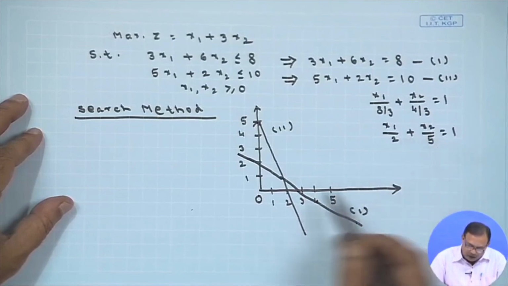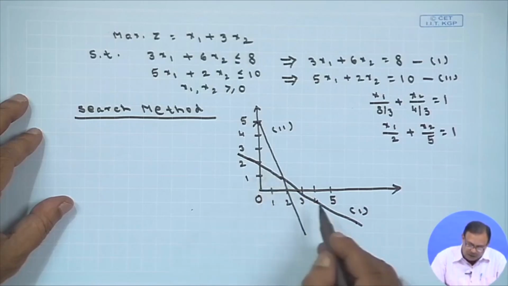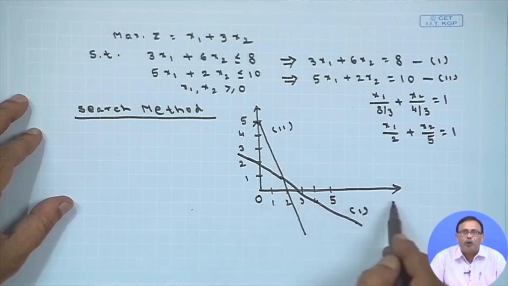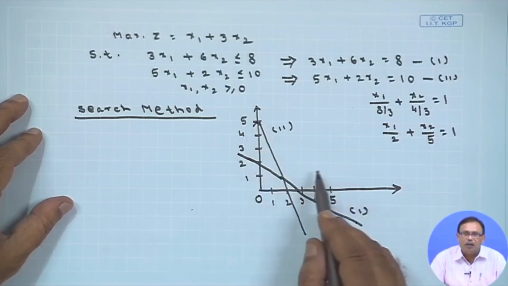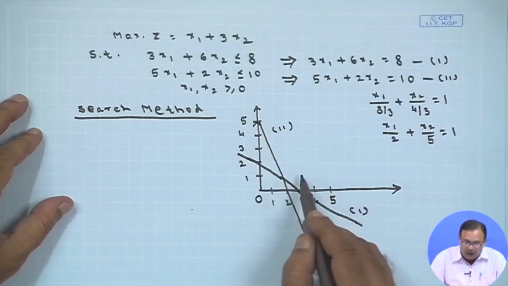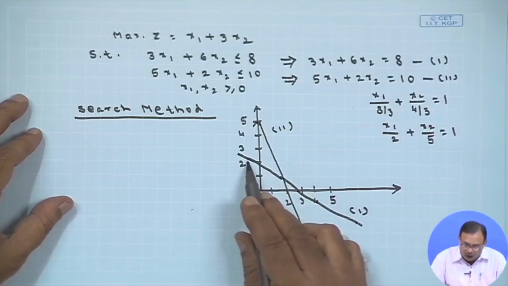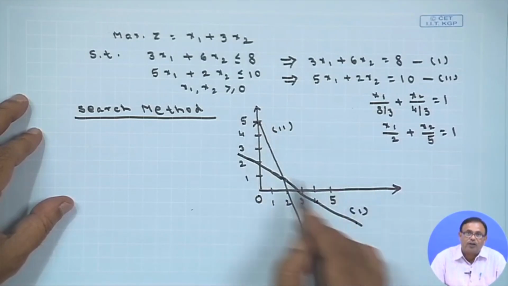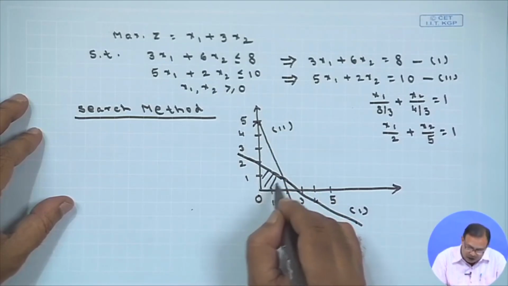Once you draw this, your feasible region becomes the intersection of these two lines with the x1 axis and x2 axis on the positive side. That means the region is bounded by these four lines, line 1, line 2, the x1 axis and the x2 axis, and the feasible region is this.